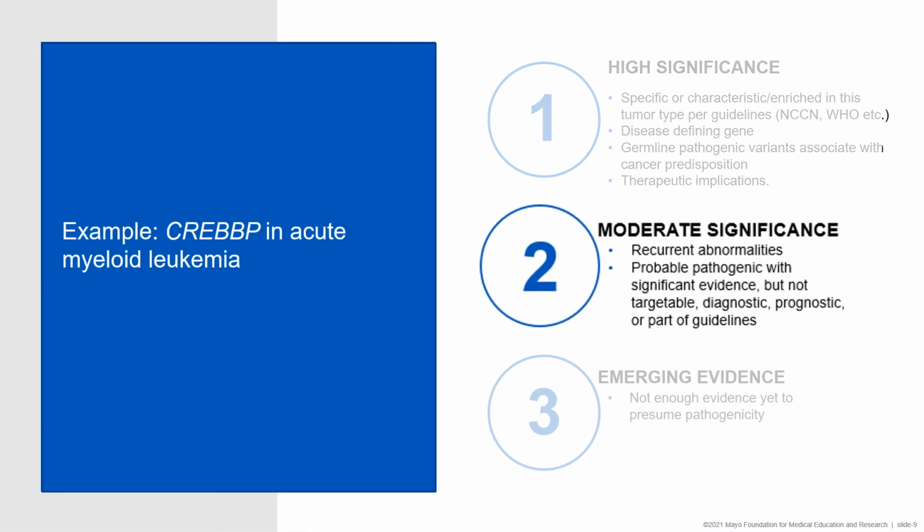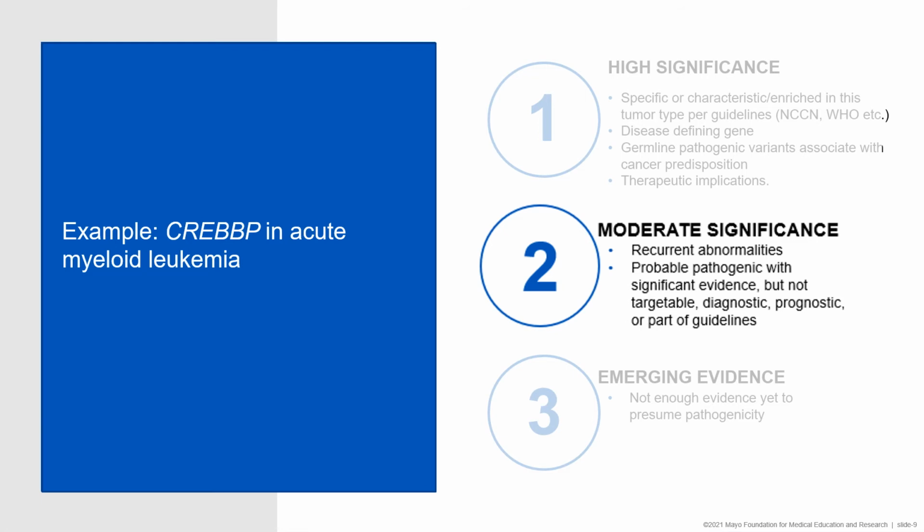Significance level 2, so genes with moderate significance include genes that harbor recurrent abnormalities. They're probably pathogenic and they have significant evidence of being associated with a cancer type, but they're not targetable.